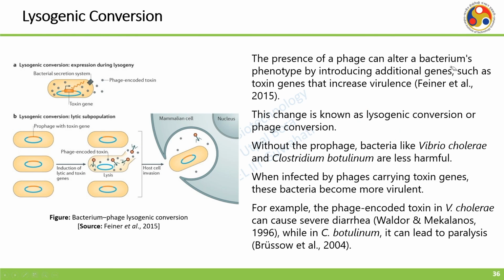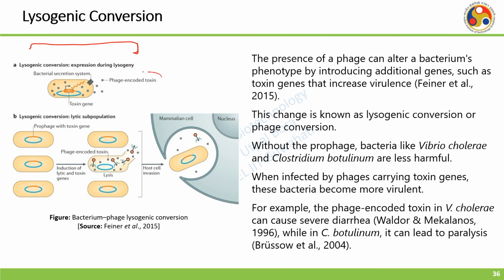Without the prophage, bacteria like Vibrio cholerae and Clostridium botulinum are less harmful. When infected by phages carrying toxin genes, these bacteria become more virulent. For example, the phage-encoded toxin in Vibrio cholerae can cause severe diarrhea, while in Clostridium botulinum it can lead to paralysis.